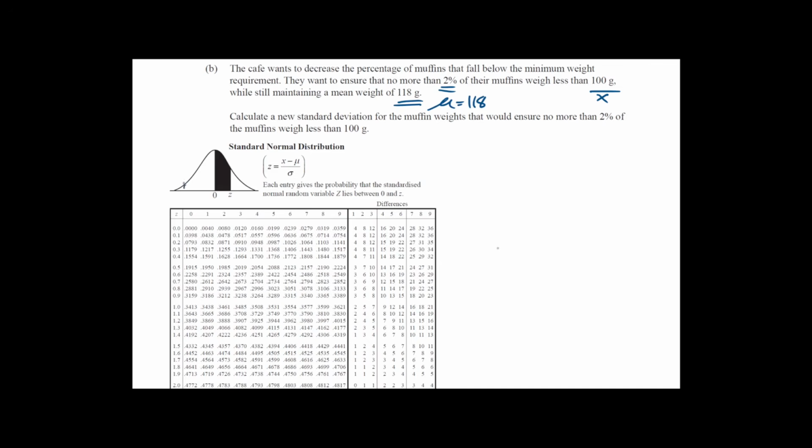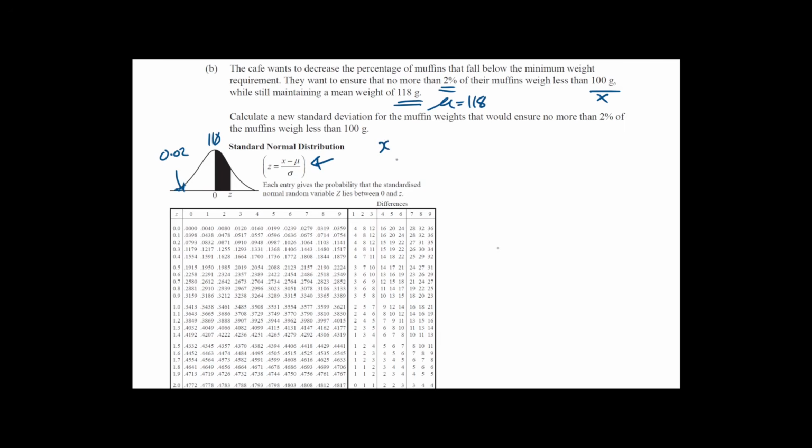If this is 118 here, we want to find the z-score that would put this area here at 0.02. But we need to standardize it to use this formula here because we want to find the standard deviation.